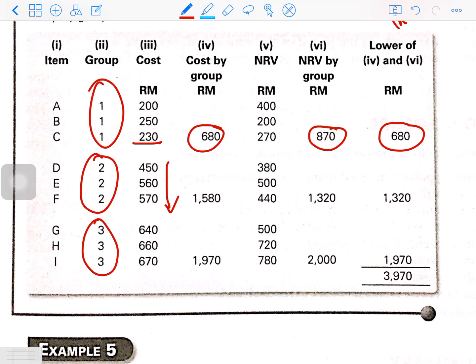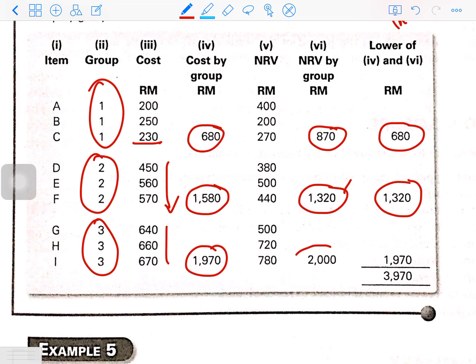For group 2, we have cost 1580, net realizable value 1320. Which one is lower? Net realizable value is lower, right? So you choose net realizable value as the cost of group 2. And group 3 we have 1970, NRV is 2000. 1970 is lower, so we choose 1970.